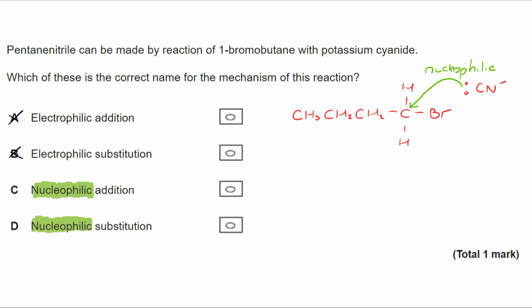We've now broken it down to a 50-50 chance. We know the answer is going to be C or D. Now, when that CN- comes in, it kicks the bromine away. So we can say that the CN- is substituting the bromine, and we're left with the Br- ion. So it's nucleophilic substitution. Correct answer is D.